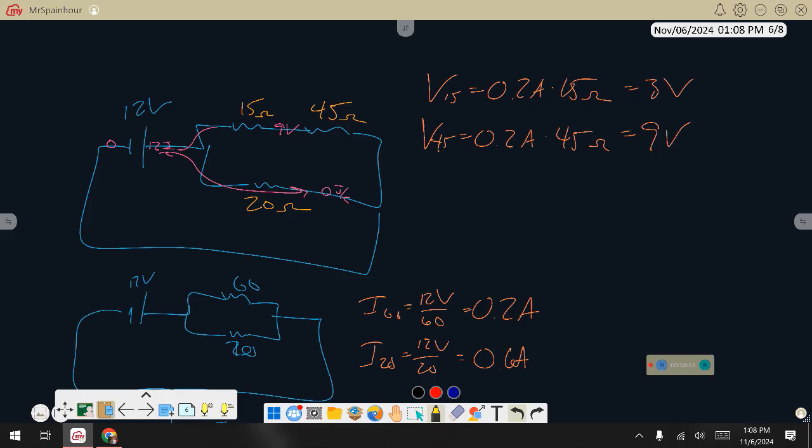Does that make sense? That becomes important when you start trying to take sections of the circuit and compare them to other things, which you'll see a little later on. So the potential here is 12 volts. It lost 3 to 9 volts. It lost 9. Obviously, it should always end up at 0 volts at the very bottom.